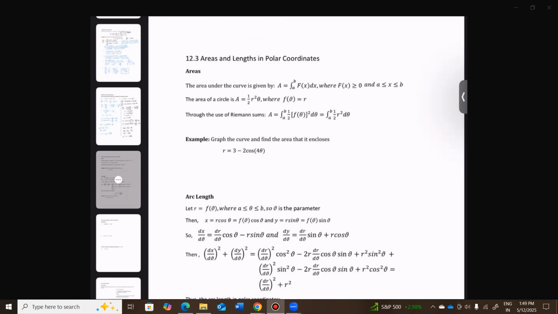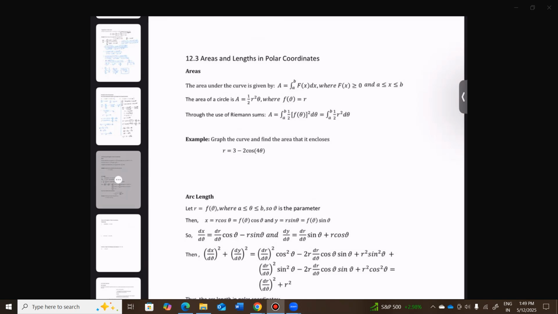And so through the use of Riemann sums, A is equal to the integral from a to b of 1/2 f of theta squared, since that's what r is, d theta, which is equal to the integral from a to b of 1/2 r squared d theta.